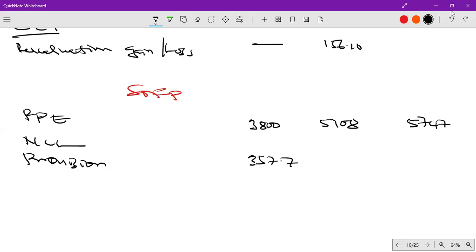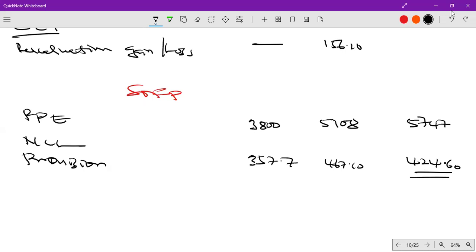Yes. Then 467.10. And then this one was what? 424.60. No, 424. In 2019, it was revised to 311.